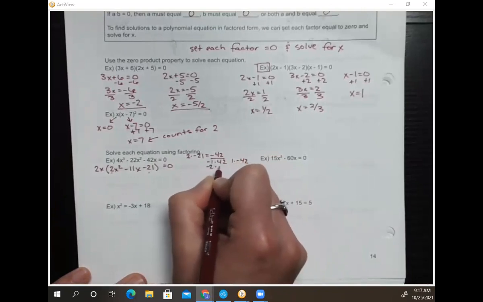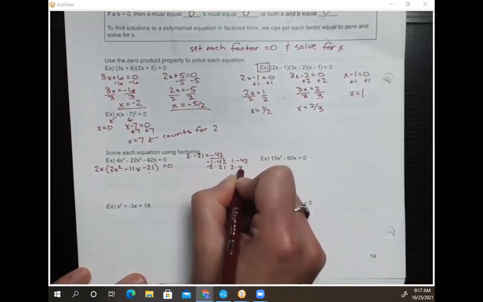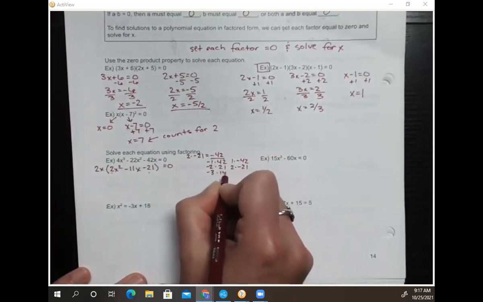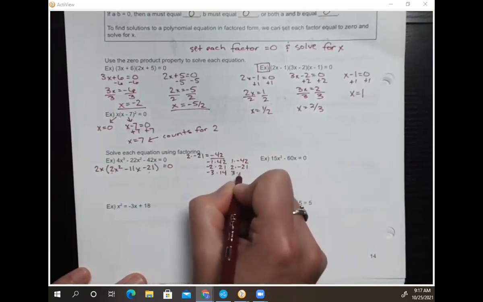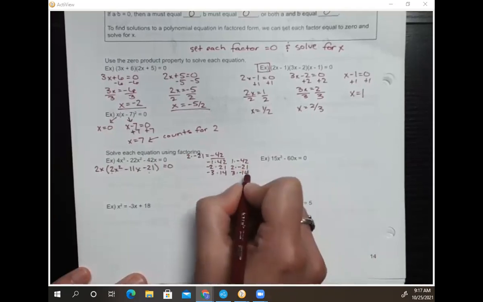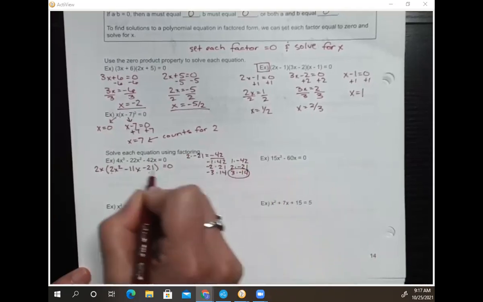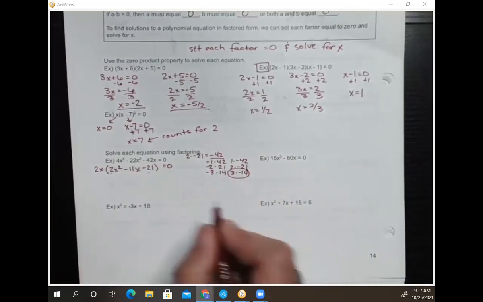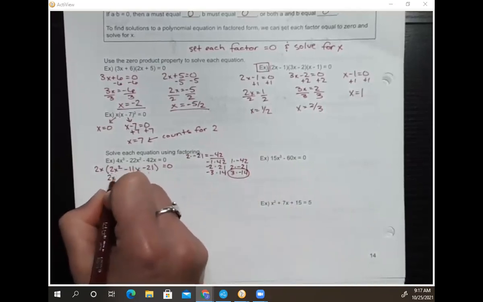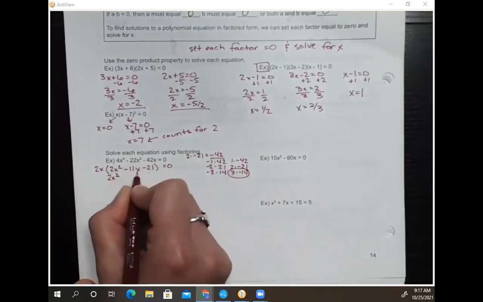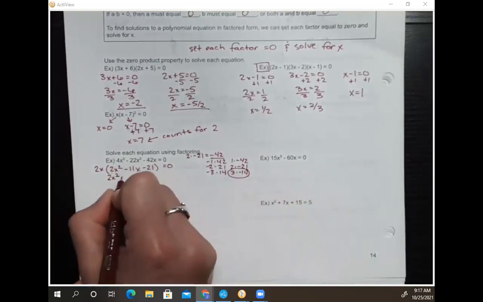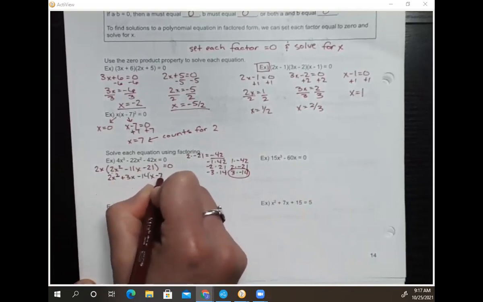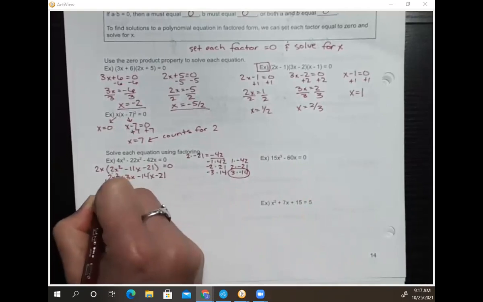We could do 2 times 21, and again, one of them has to be negative. 3 times 14, and this one actually would add to negative 11. So I'm going to use 3 and negative 14. So for AC method, I keep that first term the same, but I'm going to split up the middle term using the factors I've chosen. So plus 3x minus 14x minus 21.